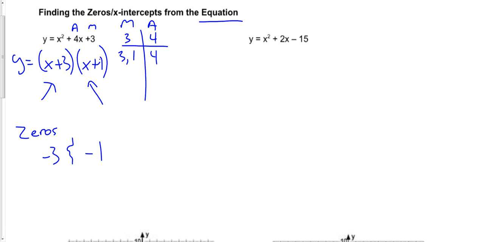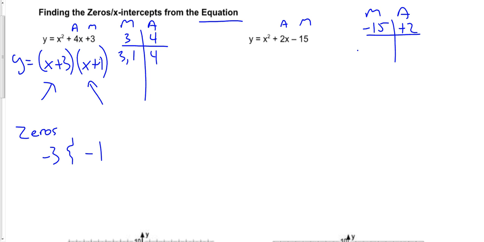If we have an example over here, again, we've got x squared plus 2x minus 15. Again, if we just do our MA chart, we're looking for two numbers that are going to multiply to negative 15 and add to positive 2.